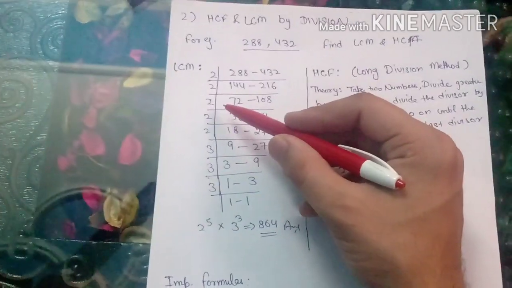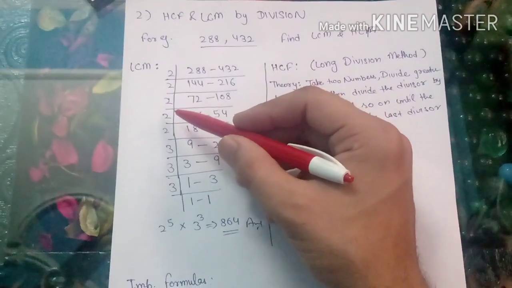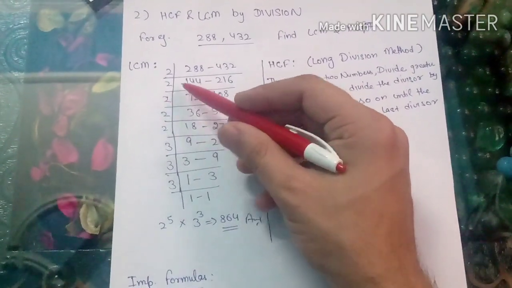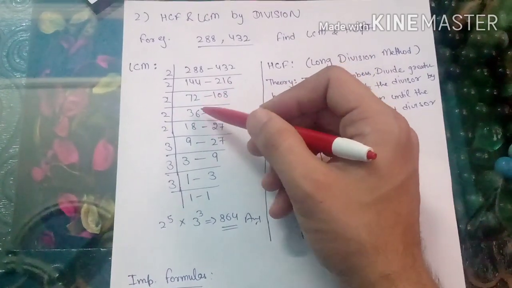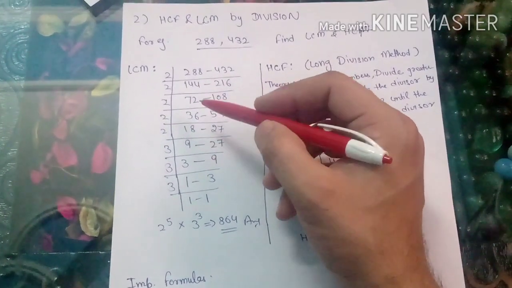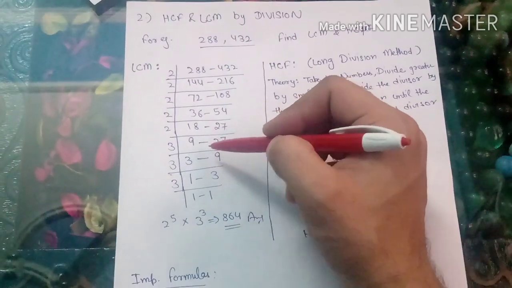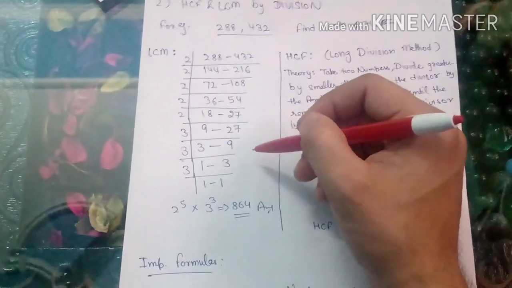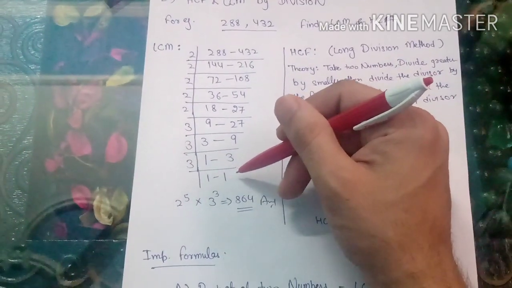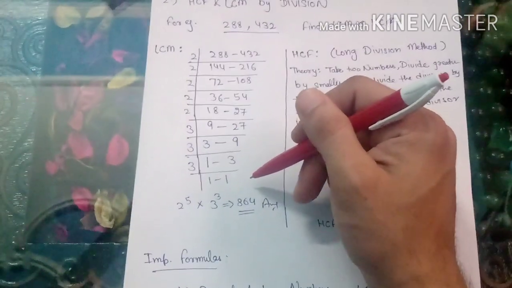Dividing starting with 2, we get 144 and 216. Again, it is an even number, it can be divided by 2. So 2, 2, 2. Similarly, if 9 is remaining, 27 is remaining, this will get divided by 3. After doing this, you will see 1 is remaining.